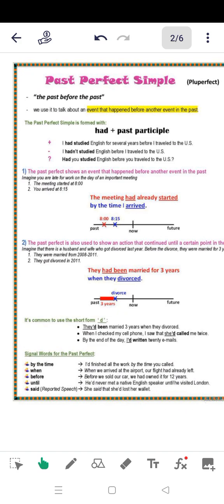So, the first event was that we had owned it for 12 years, then we decided to sell the car. He'd never met a native English speaker until he visited London. So he never met a native English speaker until he visited London. She said that she'd lost her wallet.